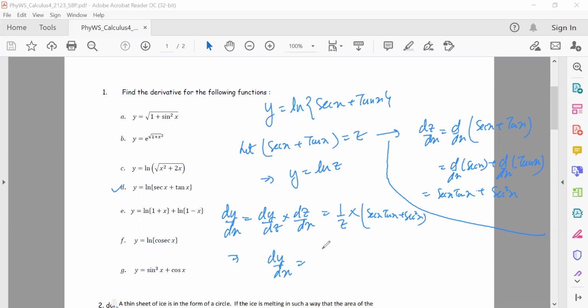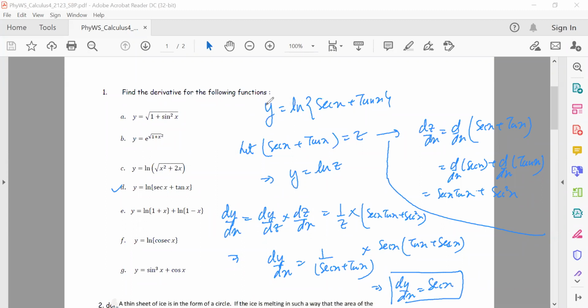So it is 1 upon sec x plus tan x, that's 1 upon z, into this term. Now in this term, notice you can take sec x common, and if you take sec x common, you get tan x plus sec x. So these cancel out. Interestingly, dy by dx comes out to be only sec x. So that's the final answer for this question. Yes, sir. Thank you, sir.